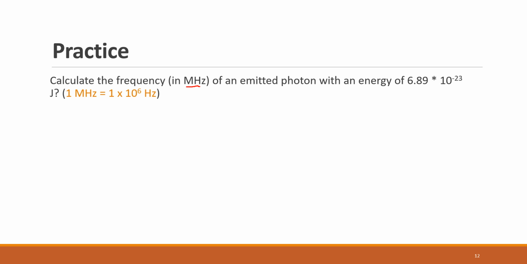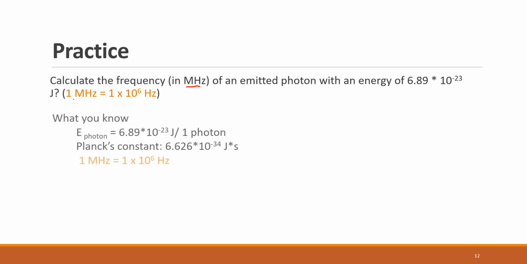Notice the conversion factor is given going from megahertz to hertz. Now, this is a metric to metric conversion as well, because mega is a metric unit. So this conversion factor will not be given to you on the exam, just like the nanometer to meter conversion factor would not be given to you. So you'll want to remember these two, since there's not a shortcut way to do those metric to metric conversions.